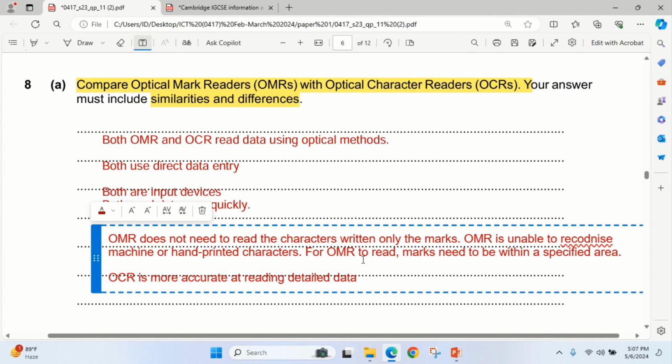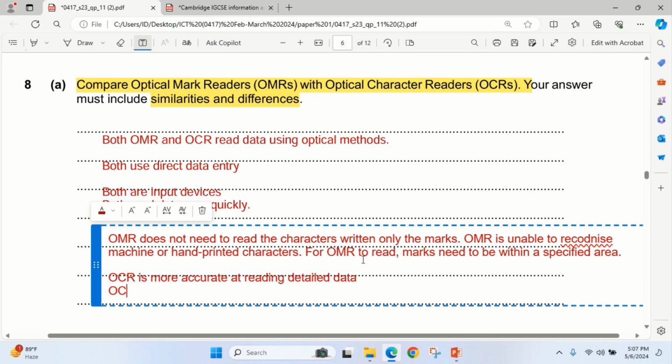Another point is that OCR sometimes requires manual intervention to change the scanned word. So now with this, you would have gotten more than 6 points, and that's how to earn the full mark.